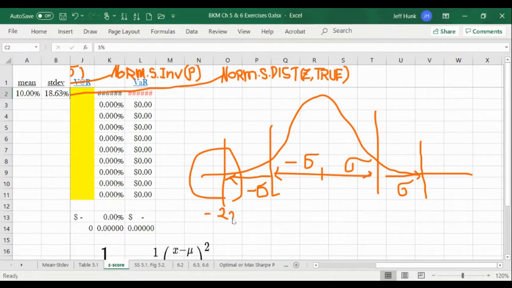The bottom 5% and below this two standard deviation, the probabilities falling in this extreme low tail, it's 2%.